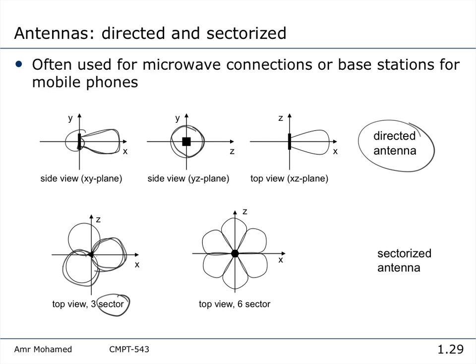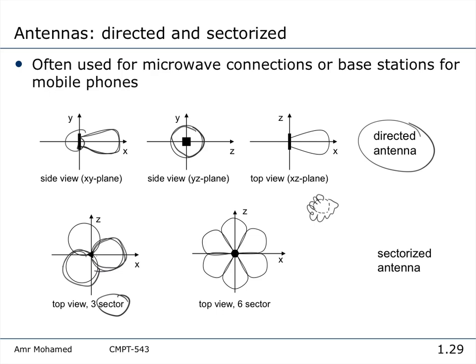There is, of course, the very common circular antenna. A circular antenna tends to have something like this. It's like a circle, but this circle is composed of minute little antennas which form a circle. So the antenna radiation looks like a flower. This is the circular antenna.